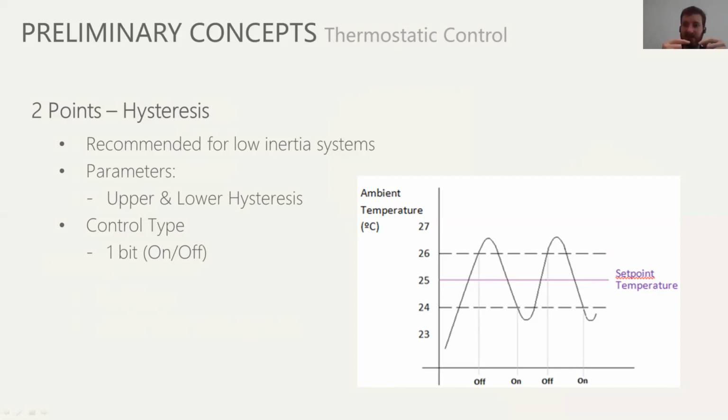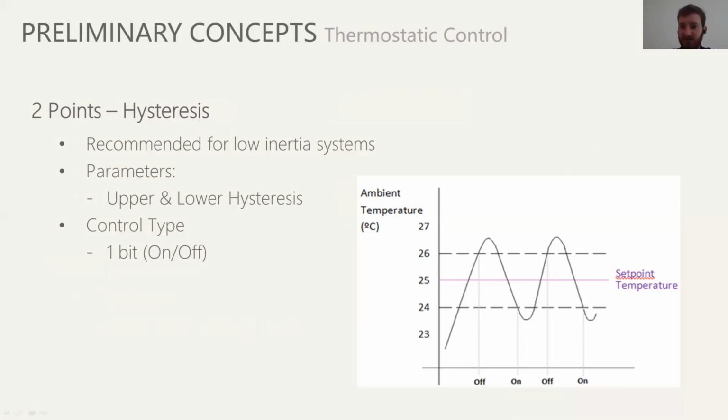So the exchange in the air is quite fast, and the change in temperature in the room happens very fast. That's why 2 points hysteresis is very useful in systems with low inertia, which again would be AC, for example.